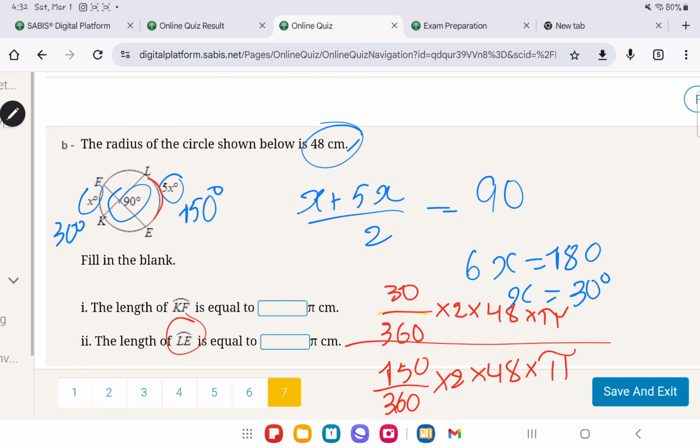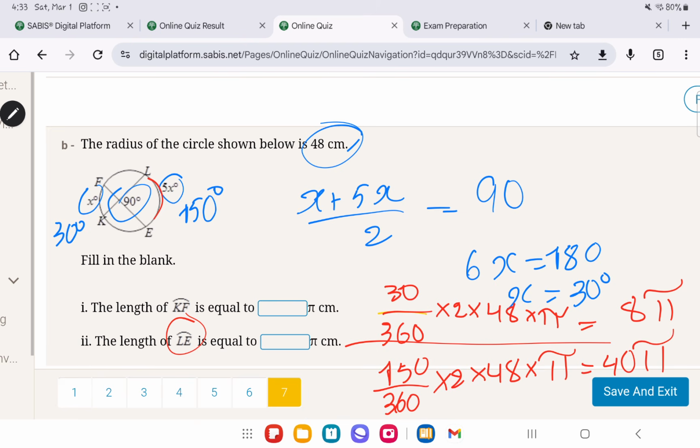If you put them on the calculator, for the first one it is going to be 8 pi, and then for the second one it is going to be 40 pi.